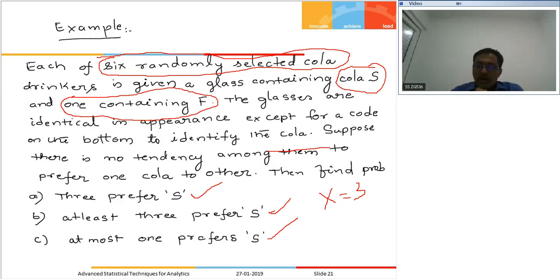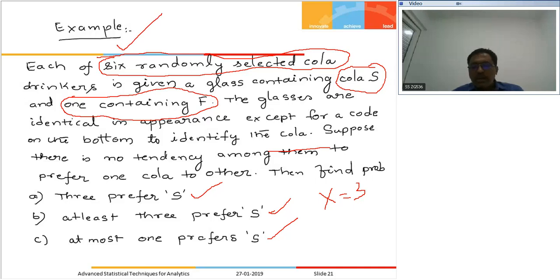What are the parameters here, and what are the values of the parameters? n equal to 6. The x value depends on the problem. First problem x is 3, second is at least 3, third is at most 1.